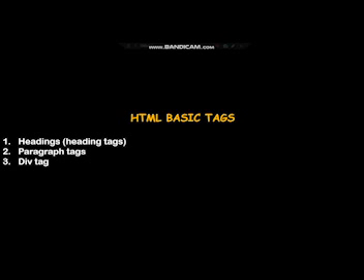For this basic tags lesson, I plan on showing you only the heading tags and the paragraph tags. But I just wanted to introduce the div tags, because when you actually start building projects, you mostly use the div tags. Let's start and commence this lesson.